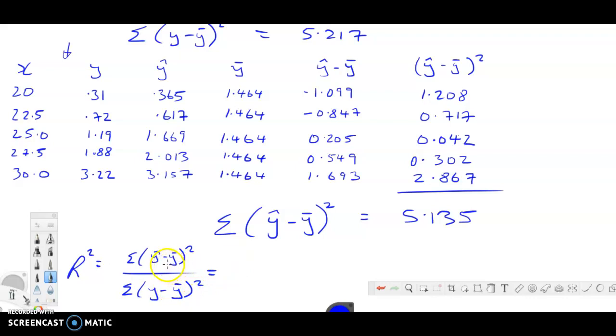We have the y hat one there is 5.135 on top, and below we have 5.217, and we're going to turn that into a decimal. So 5.135 divided by 5.217 equals 0.9842, so we get 0.984 to 3 decimal places.